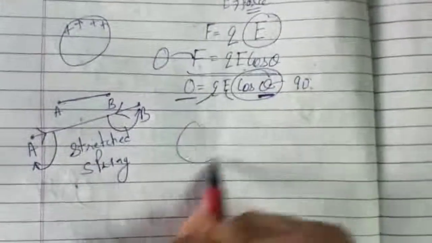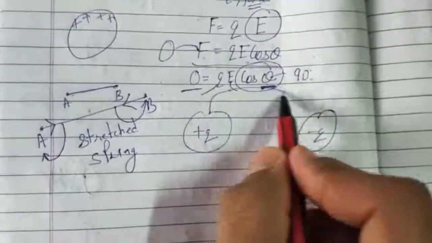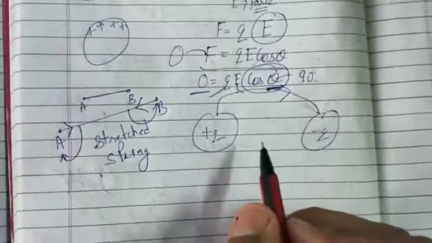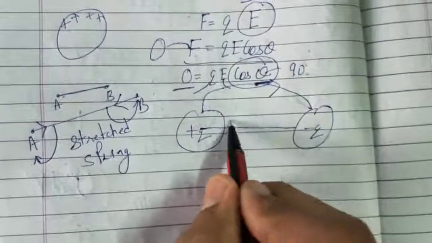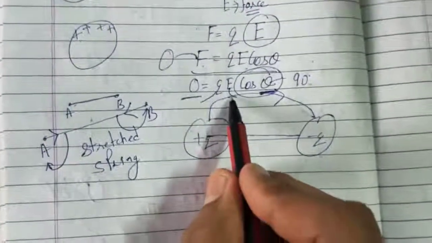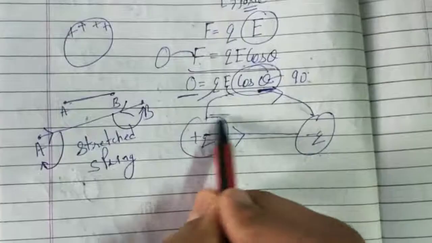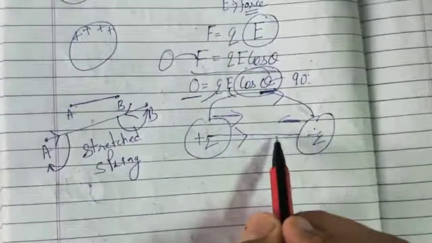The electric field lines, which start from here and move to here, also behave like stretched springs. That means one force acts in this direction, pulling this thing in this direction, and this pulls that thing in the other direction.